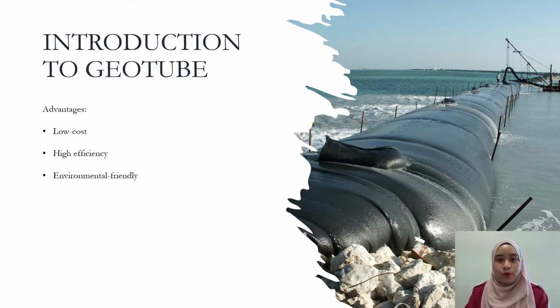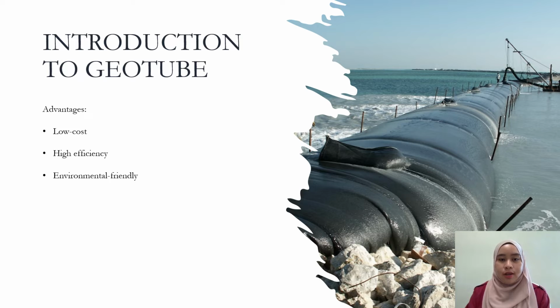These are the few advantages of the geotube technology. Firstly, it is low cost compared with the construction cost. The cost for construction of breakwaters and shore protection barriers increases due to raw material and labor costs.